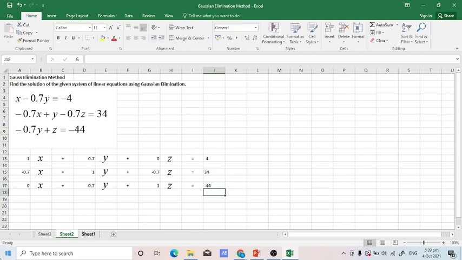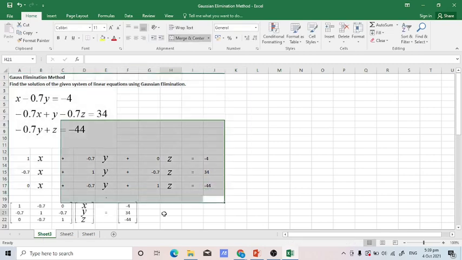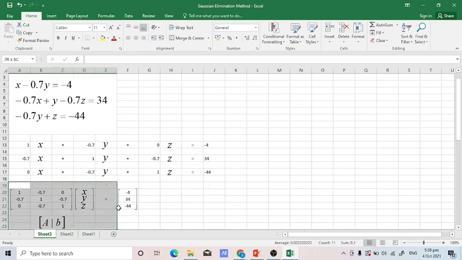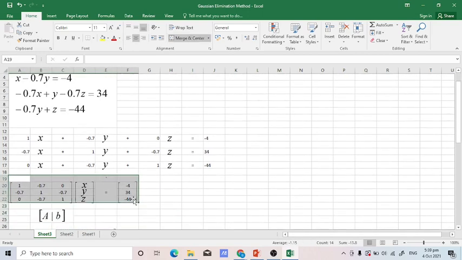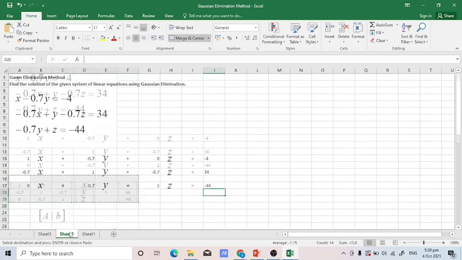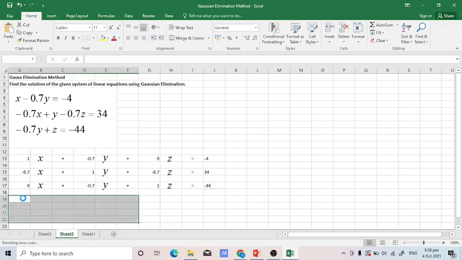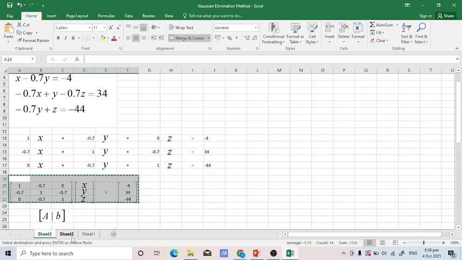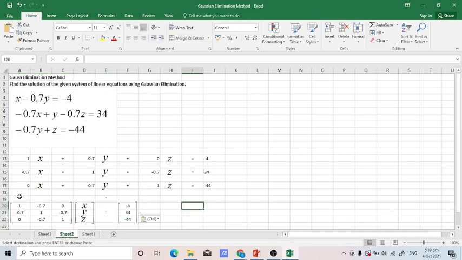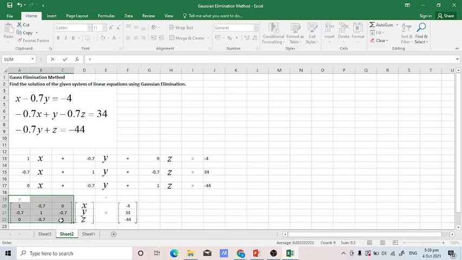Okay. And then, gawin natin siyang matrix equation.